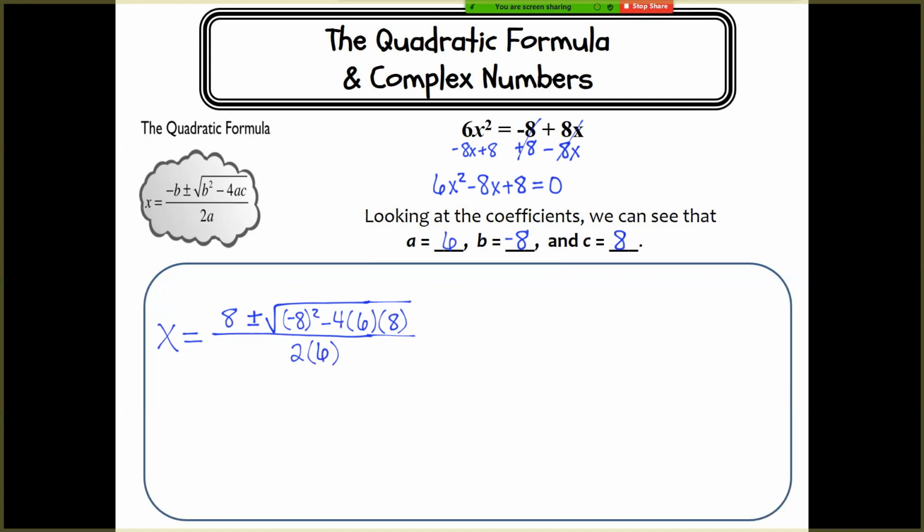Hopefully you have 8 plus or minus the square root of -8 squared in parentheses minus 4 times 6 times 8, all divided by 2 times 6. So that's always our first step. Our second step, we're going to figure out what the discriminant is, the number underneath our square root.